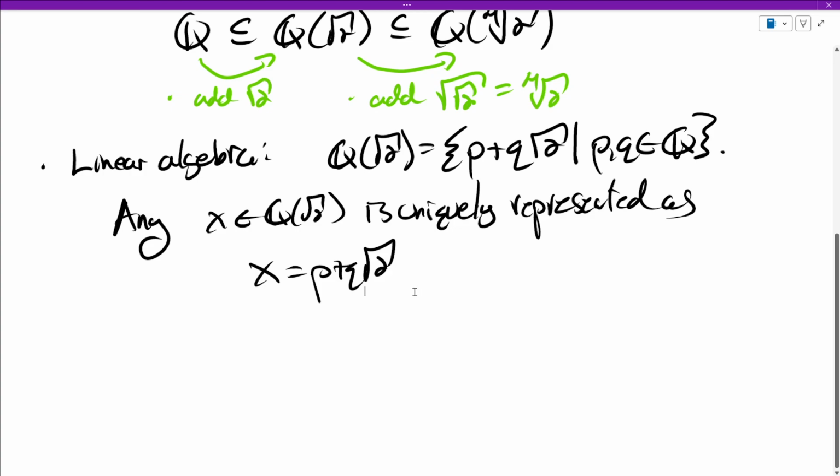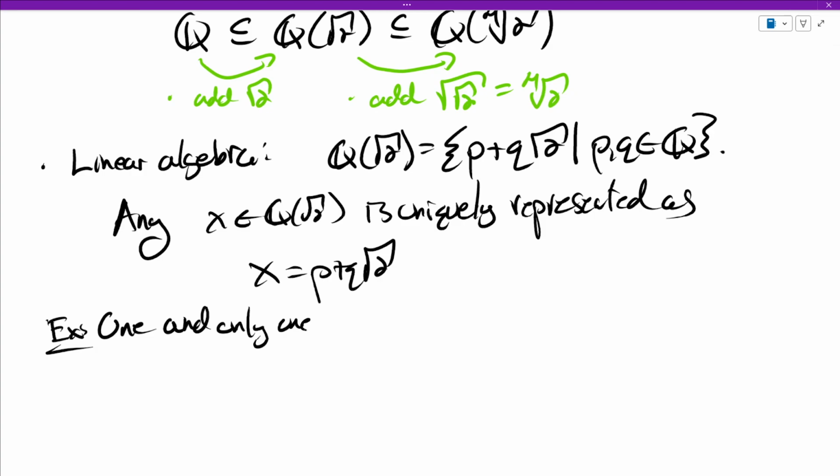All I'm saying is there's one and only one way. As an example, there's one and only one way to write something like 1/2 plus 2/3 root 2. If you thought you had another way of expressing it as p plus q root 2, you would find that p had to be 1/2 and q had to be 2/3. That's the only way of doing it.